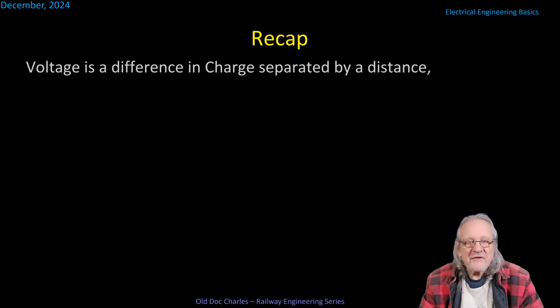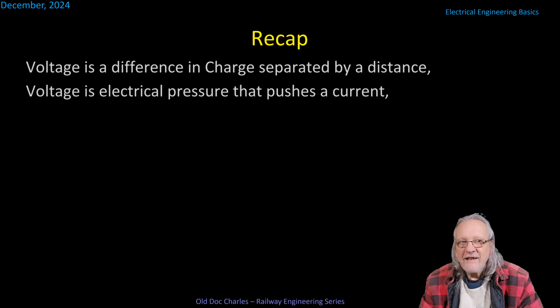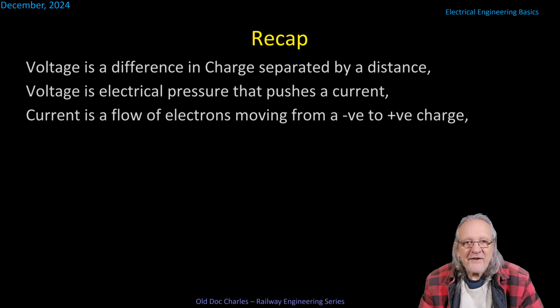So to recap, voltage is a difference in charge separated by a certain distance. Voltage is the electrical pressure that pushes a current. And current is the flow of electrons moving from a negative to a positive charge.